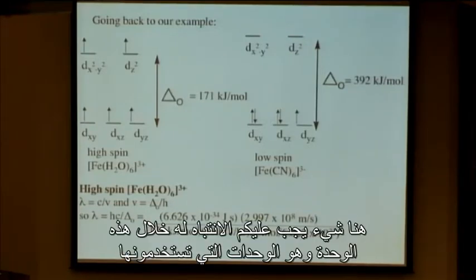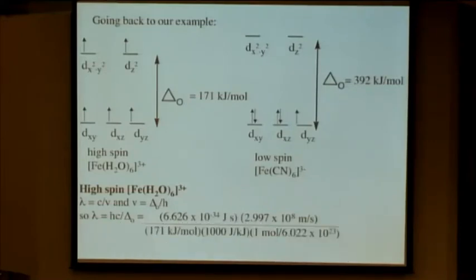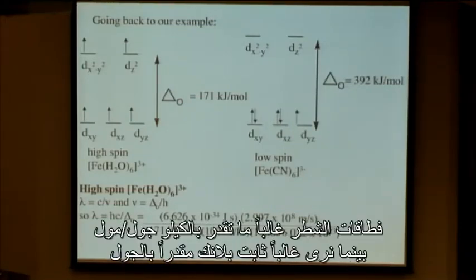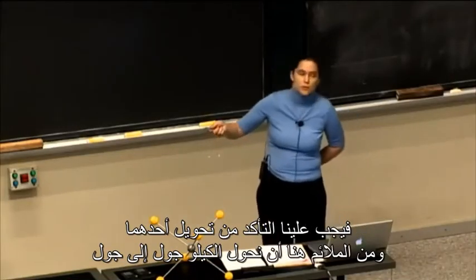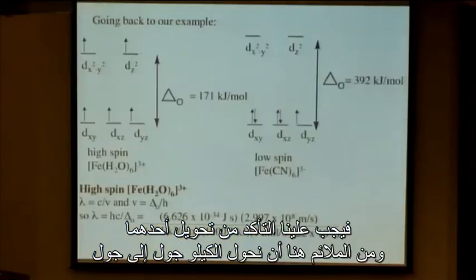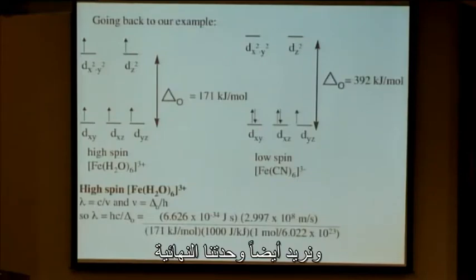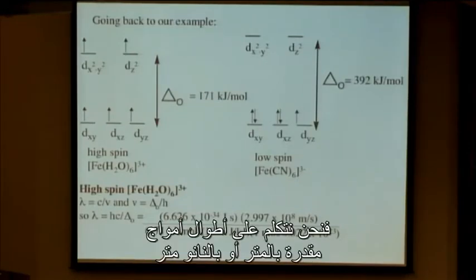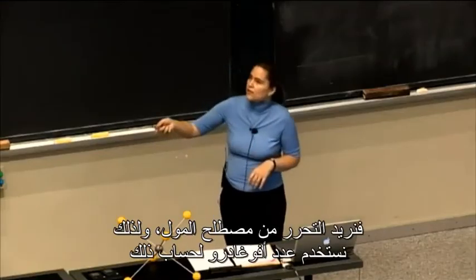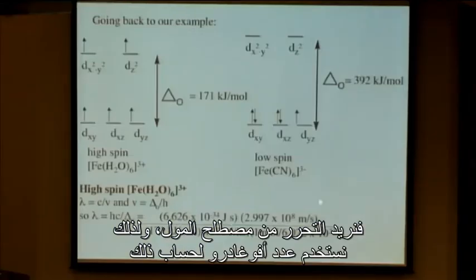Now, one thing that you have to pay attention to in this unit is your units. Splitting energies are often given in kilojoules per mole, whereas you often see Planck's constant in joules. So we want to make sure that we convert one or the other. Here it's set up to convert the kilojoules to joules. Also, we want our final unit, since we're talking about wavelengths, in meters or nanometers, so we need to get rid of this mole term, and we use Avogadro's number to do that.